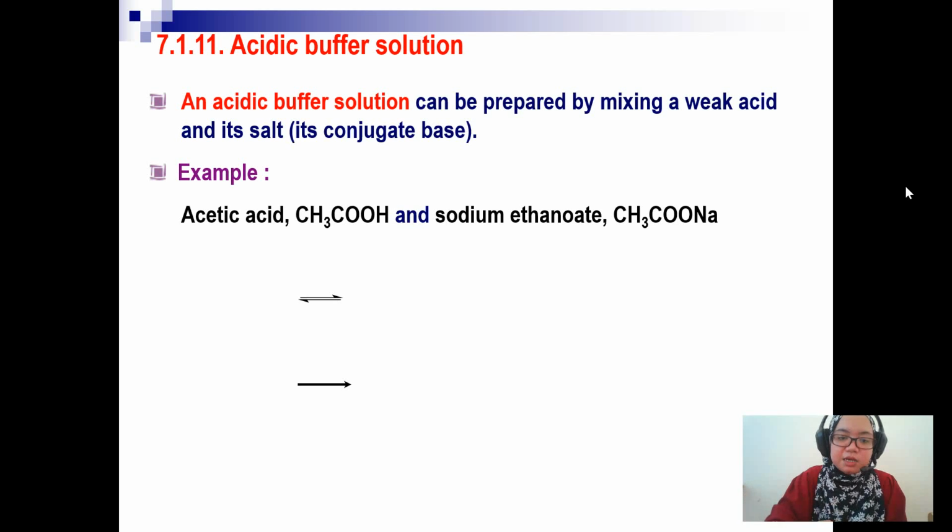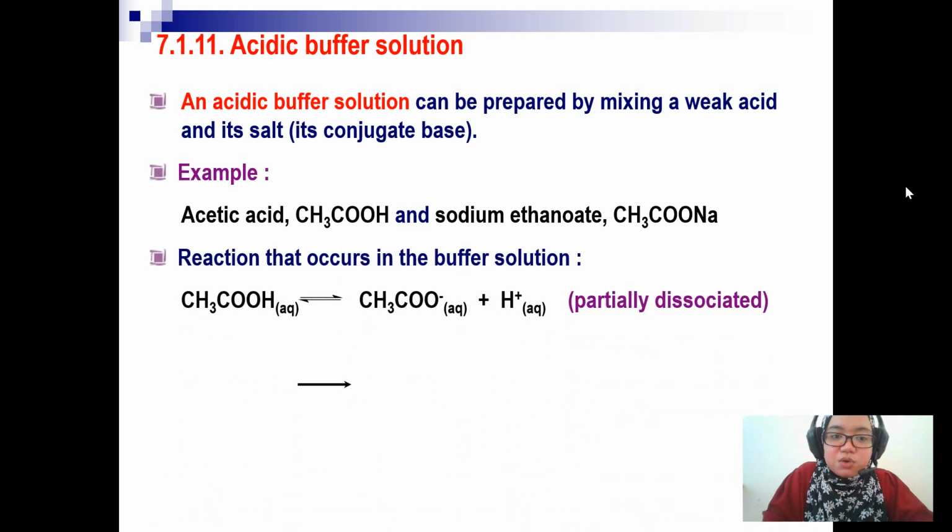That is its conjugate base. Okay, since acetic acid is a weak acid, the reaction that occurs for acetic acid will be this one. Acetic acid will be partially dissociated to form ethanoate ion CH3COO minus and hydrogen ion.